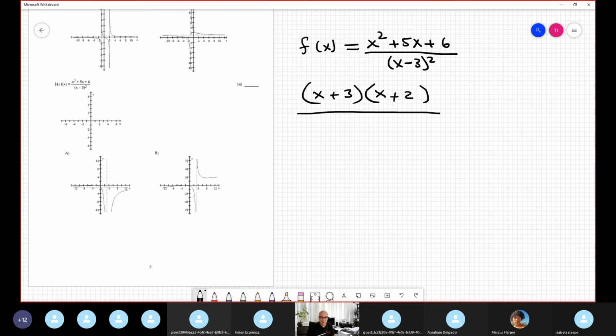And the bottom is already factored: x minus 3 times itself, or you condense it like only one square. Do we have a hole or no? What do you think? We have a hole or no?